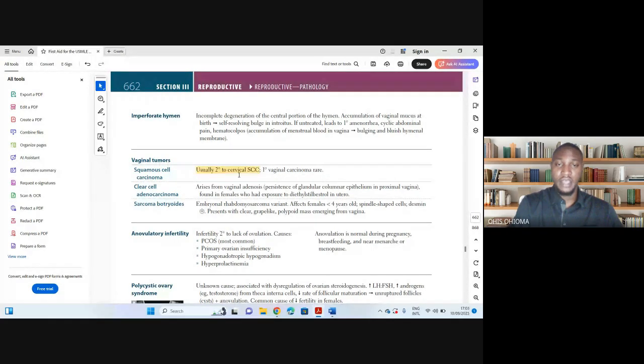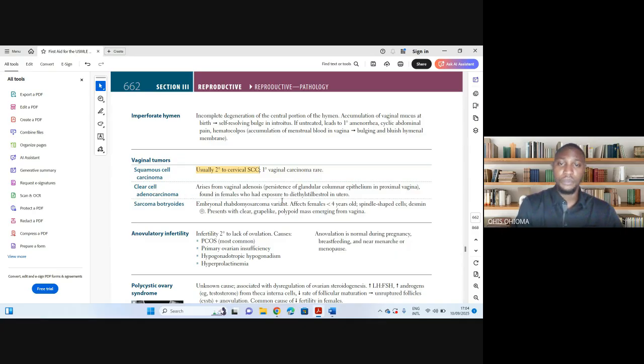The reason is that just below the transformation zone is the ectocervix, and that ectocervix is lined by squamous cells. So it's only logical for cervical squamous cell carcinoma to involve the vagina. But these two are the ones that are very high yield for the exams. And so this clear cell carcinoma is the one I want you guys to remember.